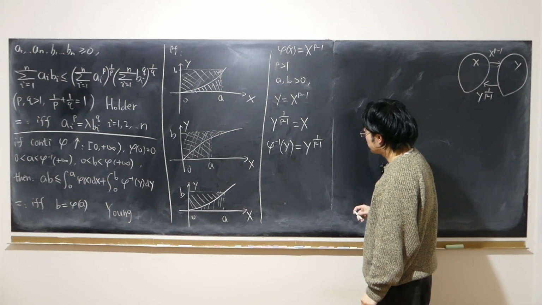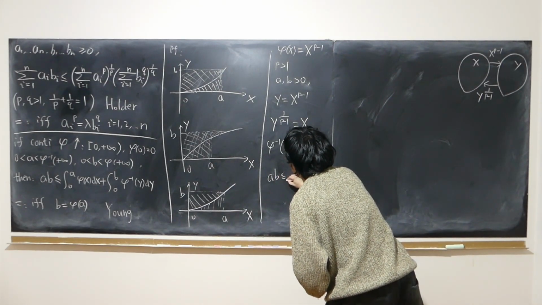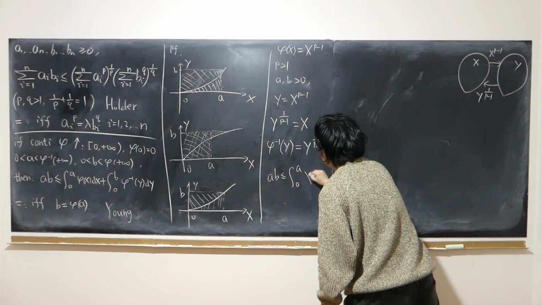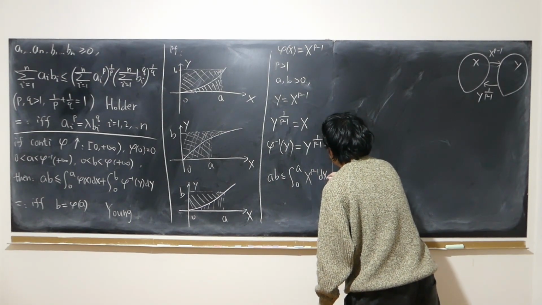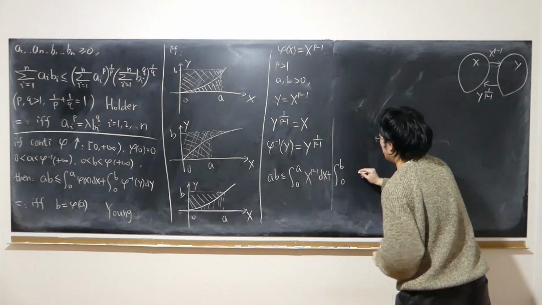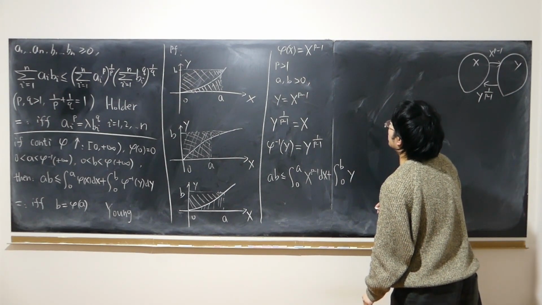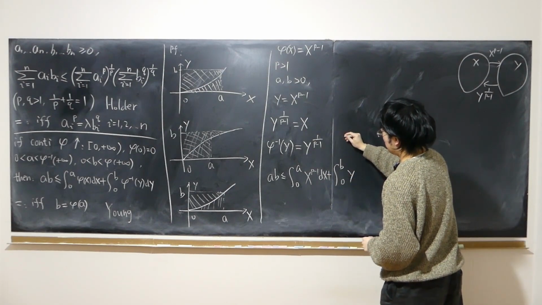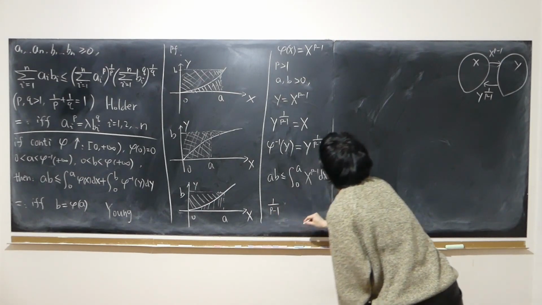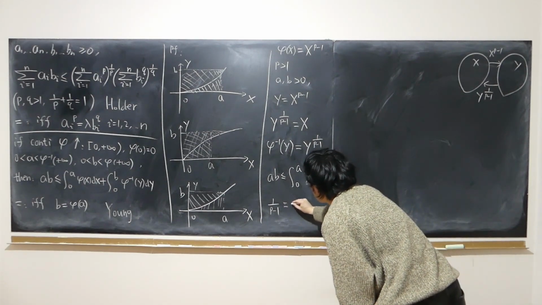So now my Young inequality tells us that a times b is less than or equal to the integral from 0 to a of x to the power of p minus 1 dx plus the integral from 0 to b of phi inverse, this one, y to the power of 1 over p minus 1. I'm just going to make some notation and say, let's just call that q minus 1.